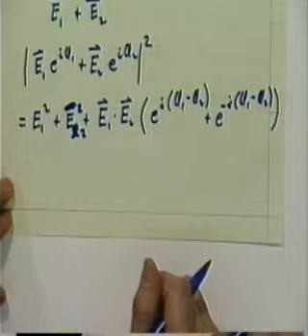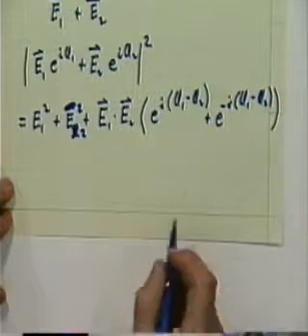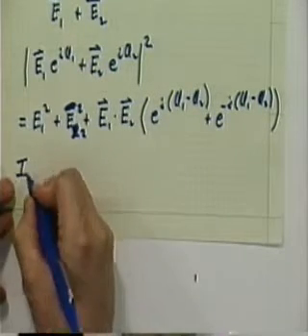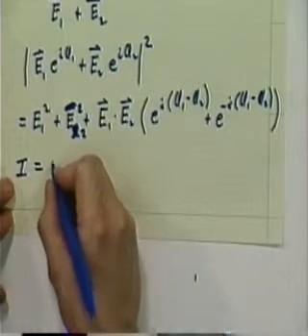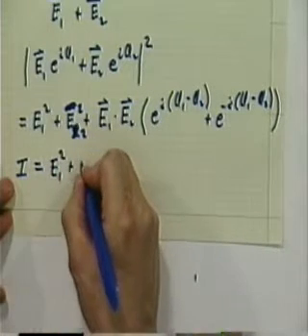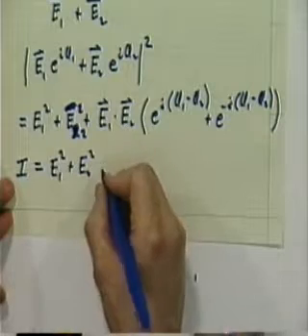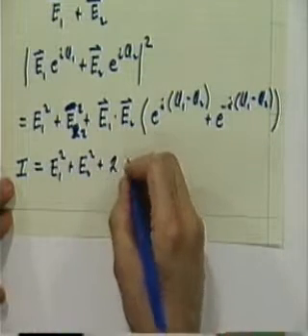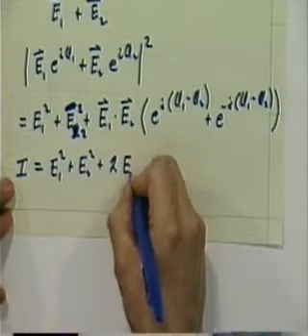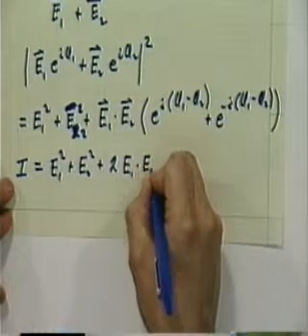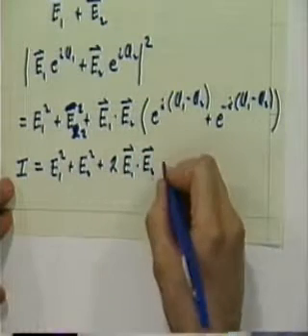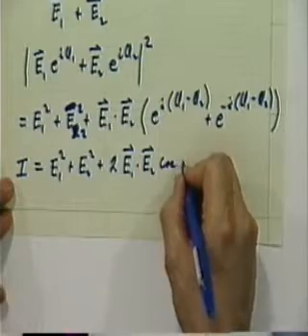Okay. And the way we normally will write this is that I, the irradiance, is given by E1 squared plus E2 squared plus 2 E1 dot E2 times the cosine of alpha.